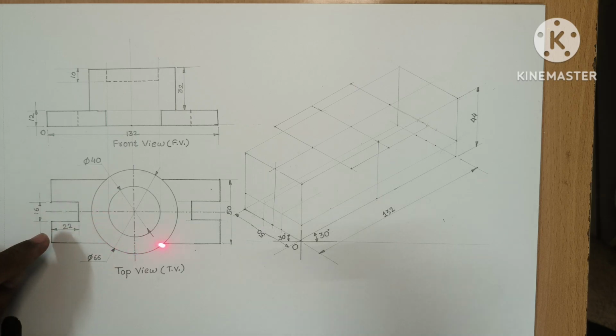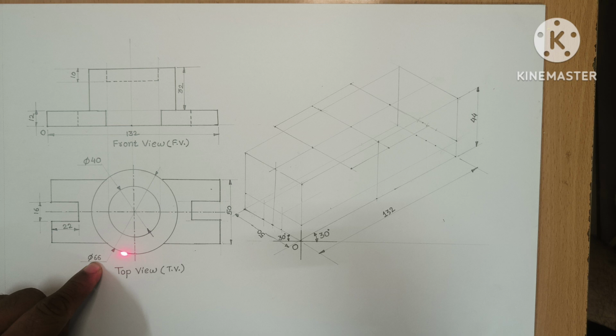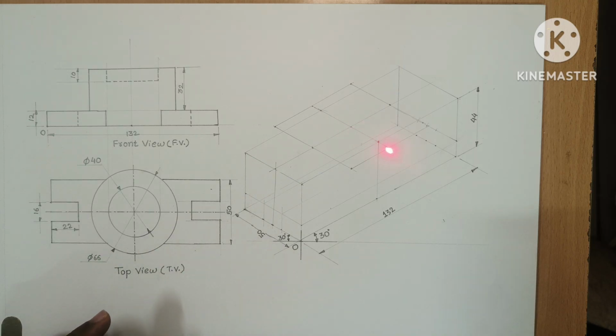The circle in the top view is given as diameter 66, divided by 2 means it will be 33. Hence I will take the center point here, and from this center point towards the right side 33 millimeter distance is taken in the drafter. Then from this center point towards the left side 33 millimeter distance.